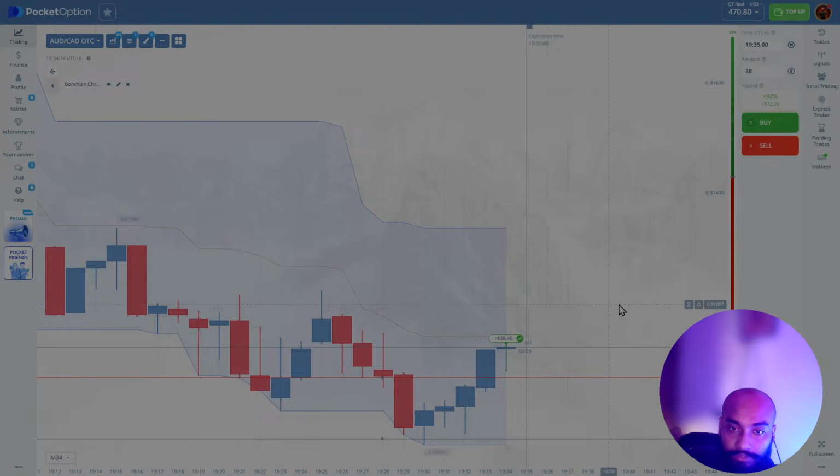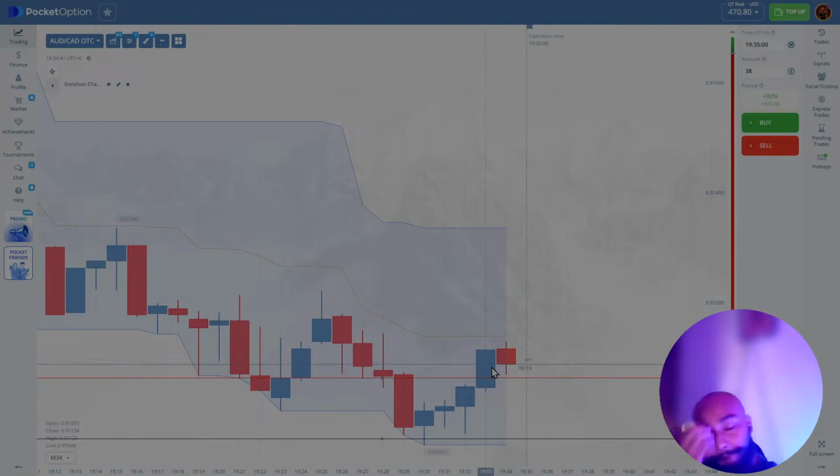So immediately it is not going to reverse after breaking this kind of level. It will fluctuate. That's why you see it's going up and down. That's why I didn't take a trade there.